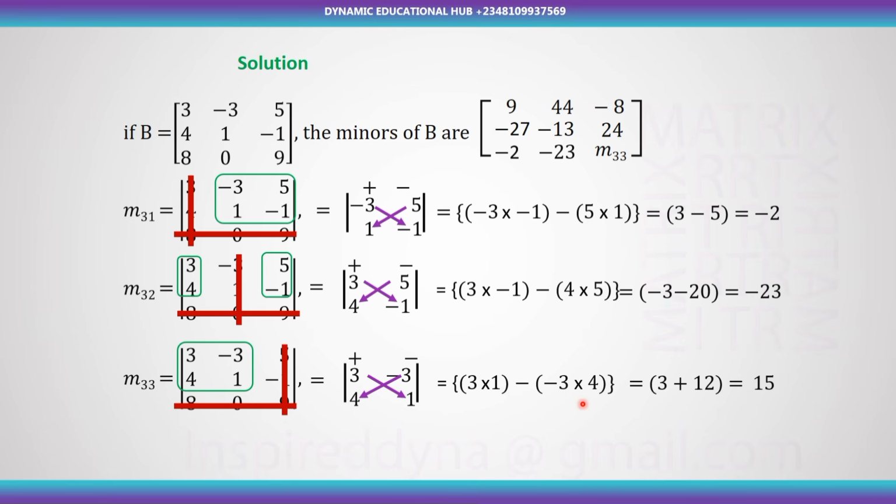By 1, that's 3. Minus 3 times 4, that's minus 12. Because of this minus, it becomes plus 12. 3 plus 12, 15. And now the minor has changed to 15. That is how to find the minor.